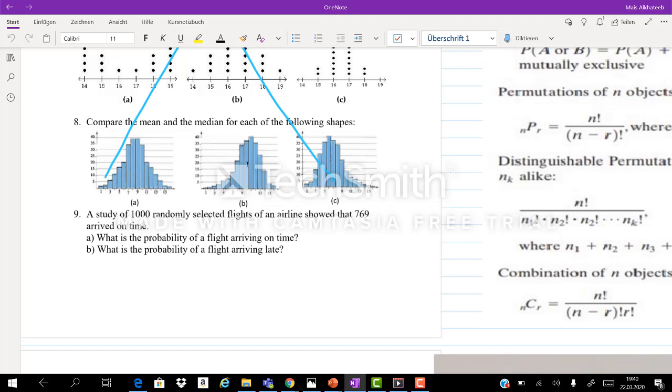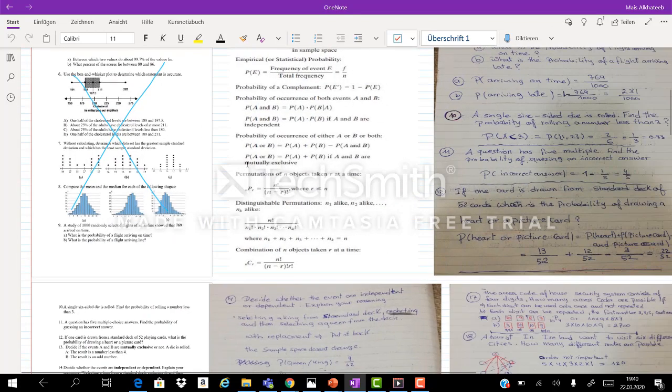Exercise number 9 speaks about a study of 1,000 randomly selected flights of an airline, which shows that 769 arrived on time. What is the probability of a flight arriving on time, and what is the probability of a flight arriving late?